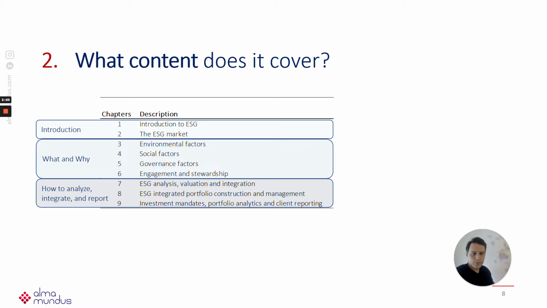The first 2 chapters are an introduction to ESG and ESG markets. From chapter 3 to chapter 6 is the theory behind each ESG factor and the importance of engagement and stewardship. The last 3 chapters are dedicated to how to analyze, integrate, and report.